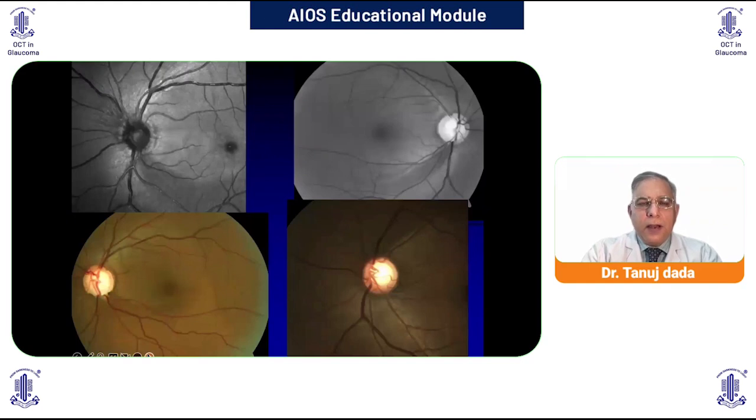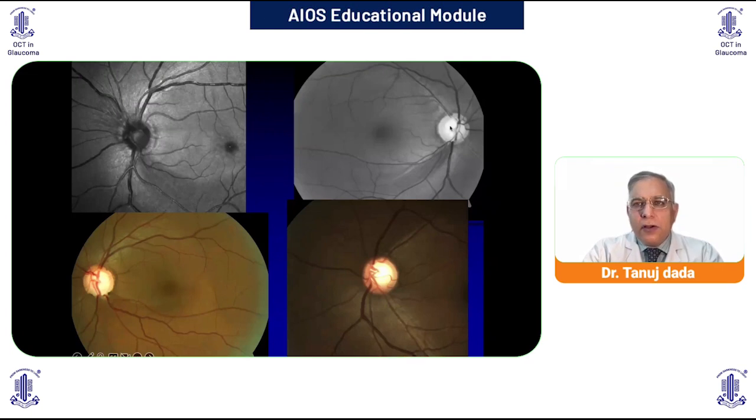So the first part of diagnosing glaucoma is to take a good fundus photograph, a color fundus photograph, or a red-free fundus photograph, and document the retinal nerve fiber layer defects. Now, often I have seen in clinical practice, our residents focus on the cup-disc ratio.